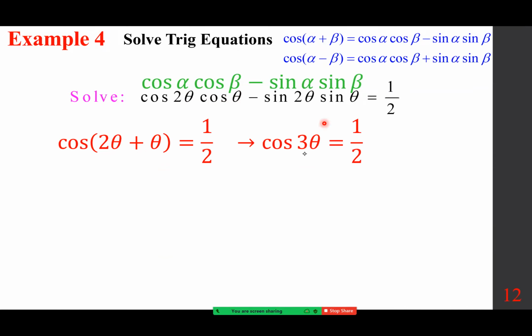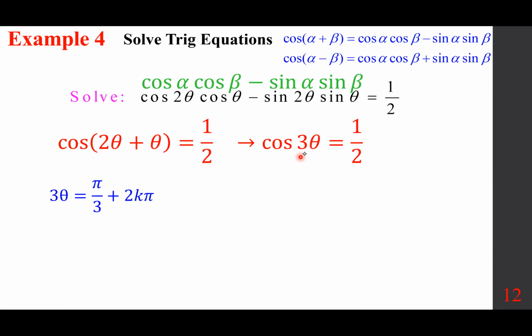Imagine cosine of x is 1/2, and cosine is positive in the first quadrant. The answer is pi/3, and it's positive in the fourth quadrant. It's 5 pi/3. And we add 2k pi. So pi/3 in the first quadrant, and a general format would be plus 2n pi or 2k pi.